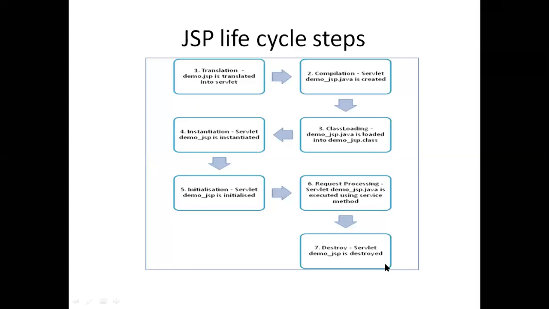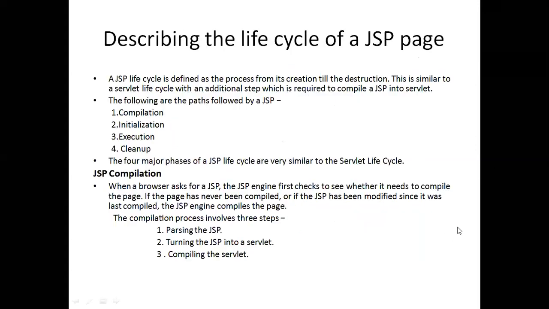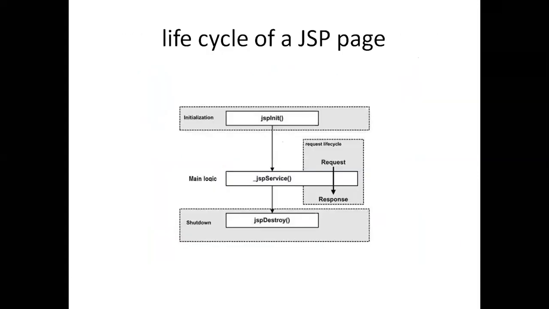Last one is the destroy method, where when the Tomcat server is shutting down, it will kill all the instances of the JSPs and the servlets. At that time, the destroy method will be called and all the resources will be released. So destroy also will be called only once during the life cycle of the entire program.